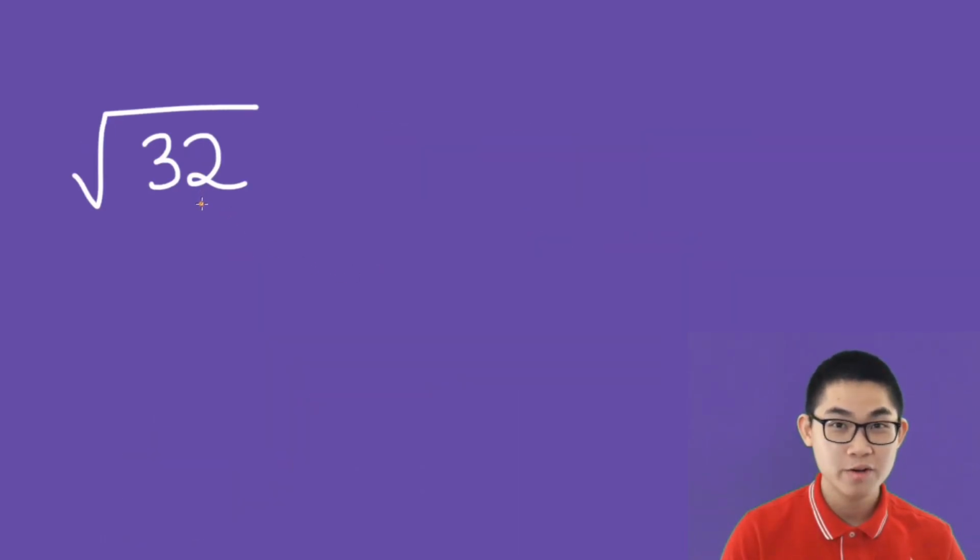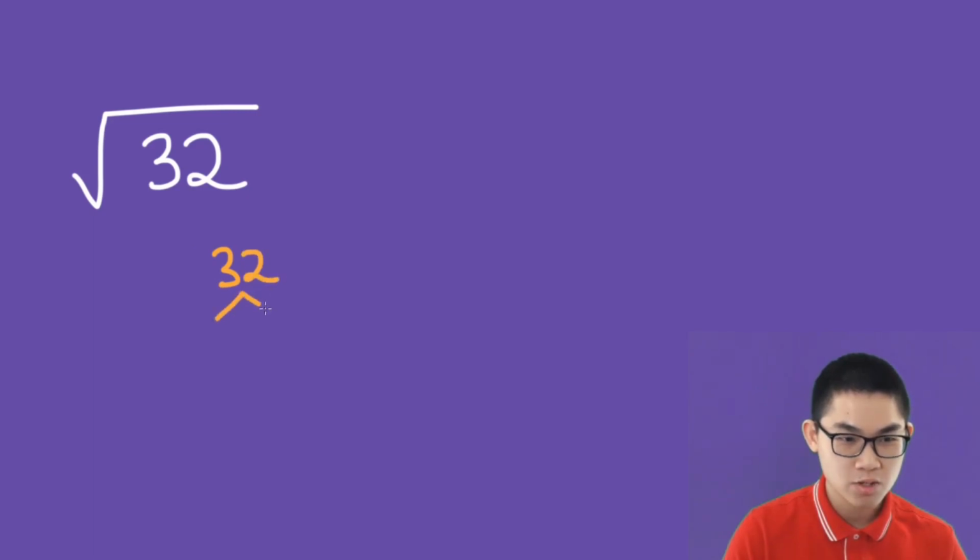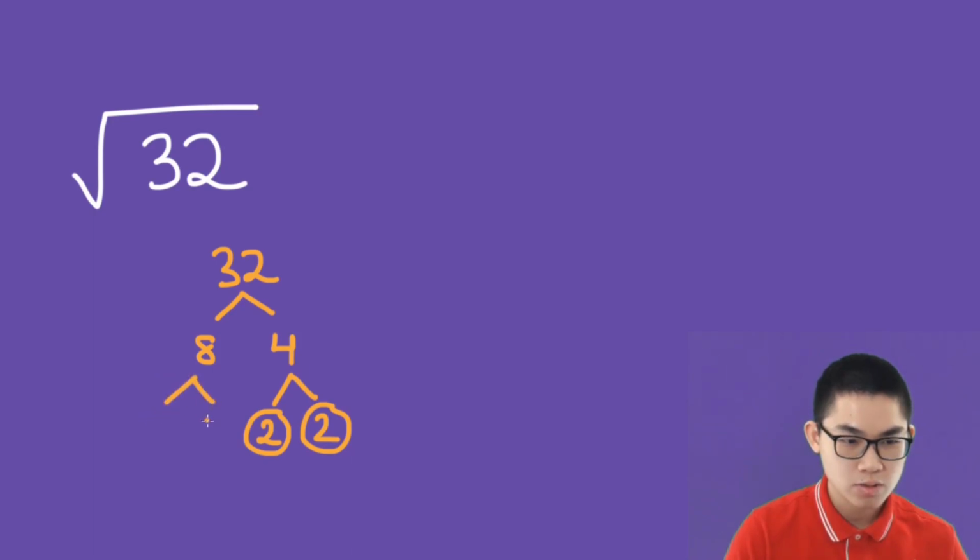What is the square root of 32? Well, 32 is equal to what? 8 times 4, right? And 4 is 2 times 2. Over here, 8 is equal to 4 times 2, and 4 is 2 times 2.